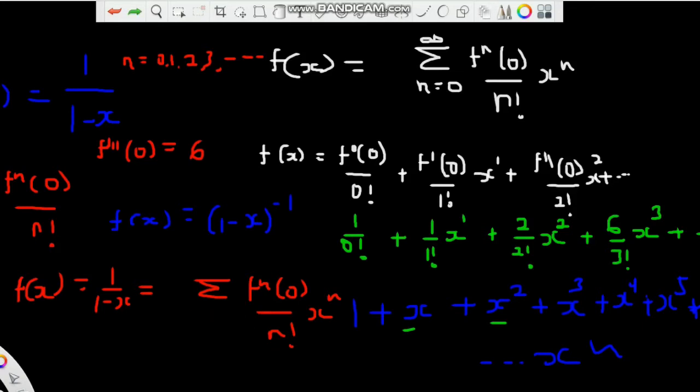So I'm going to clean this and write this as the sum of x to the power of n, starting from n equals 0 to infinity. So this will now give us the general formula.